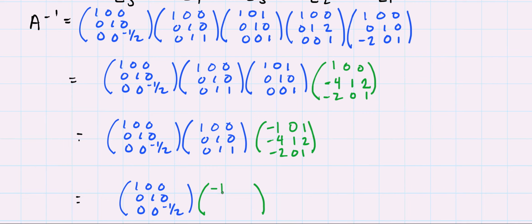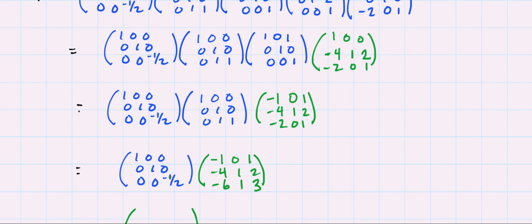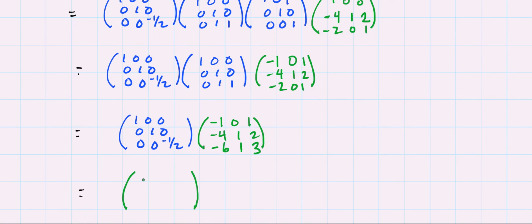So let's see, negative 1, 0, 1, negative 4, 1, 2, negative 6, 1, 3. And then this says just take the last row and multiply it by negative 1/2.